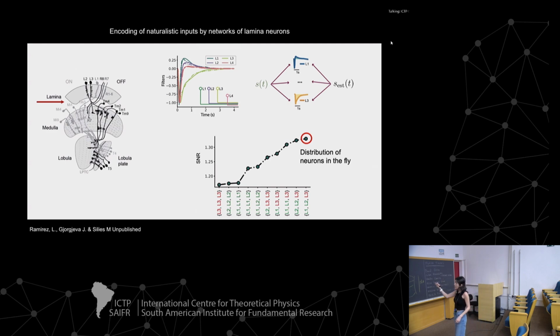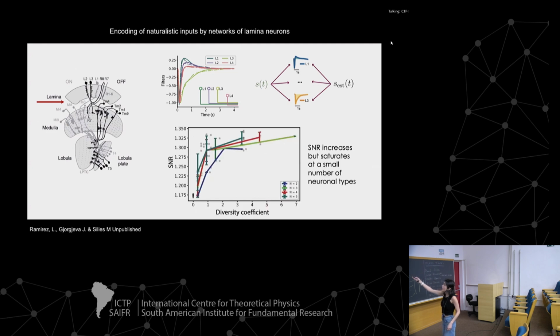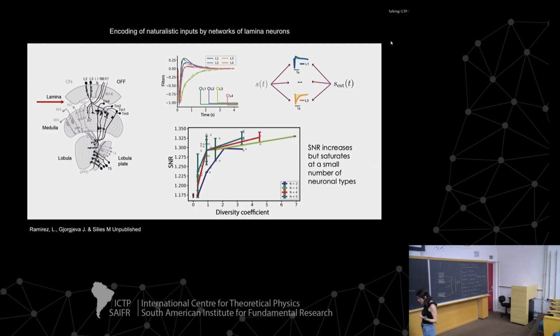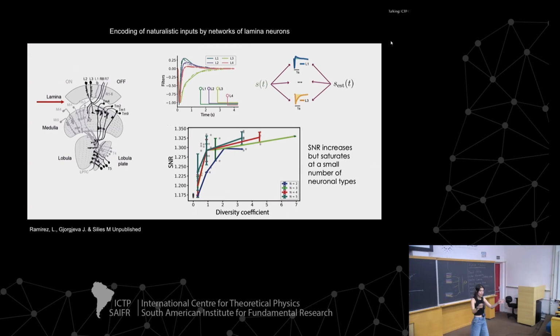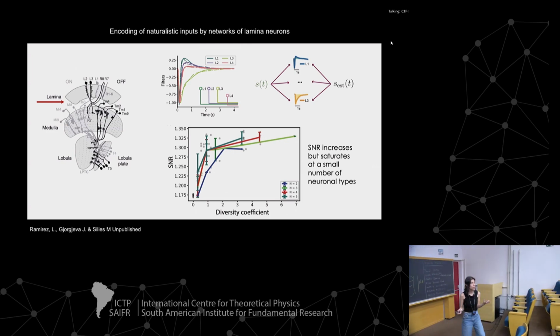Then we start to play with more than 3, with different network sizes, and we also define the diversity coefficient to be able to compare this signal-to-noise ratio across different networks. What we find is that in general, as soon as you start increasing the diversity coefficient in your network, so you increase the number of neurons, but also the diversity of temporal properties in the network, then you start having a high signal-to-noise ratio.